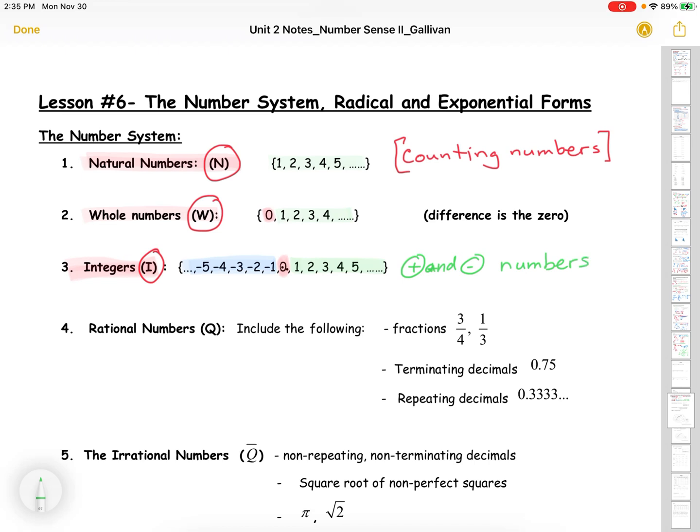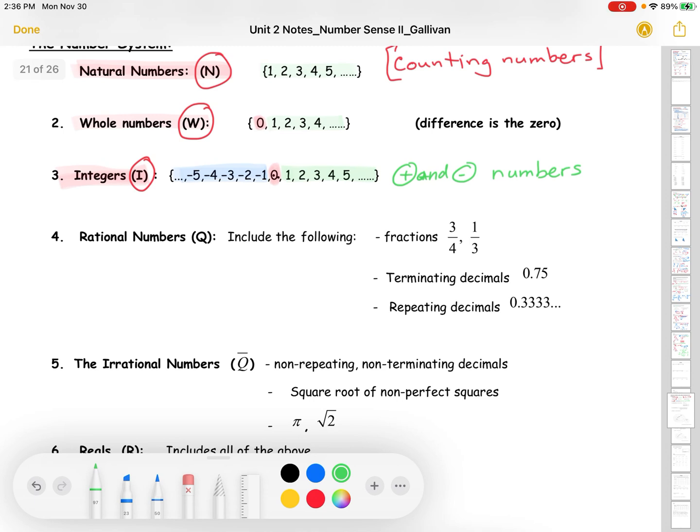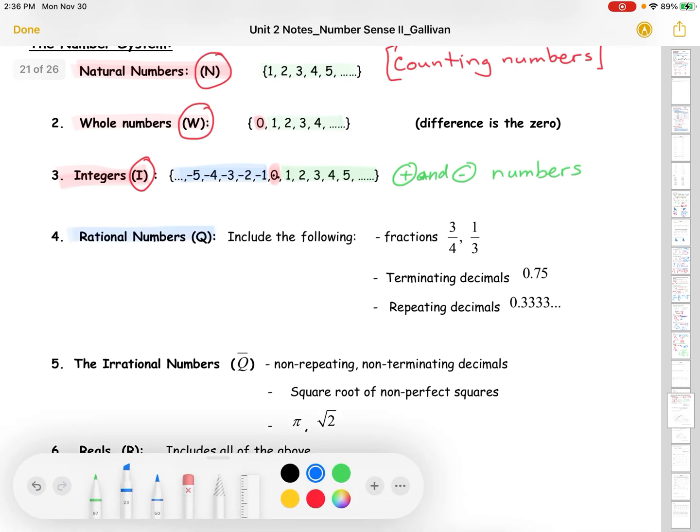They're still whole numbers in that there's no part numbers included at this point, but we've included the negative, the opposite side of the number line.